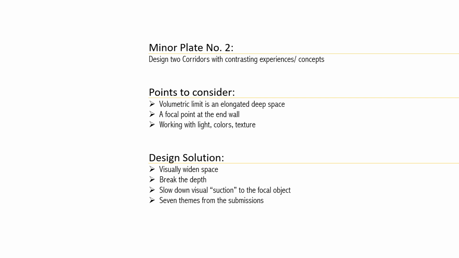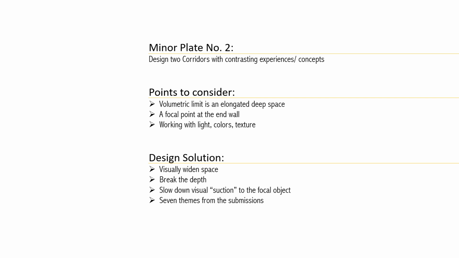It's a one-way space. And then I also required you to have a focal point at the end of the wall, and then work with lights and colors and texture, because that's perhaps the most applicable spatial components here. We cannot work with temperature and so on.